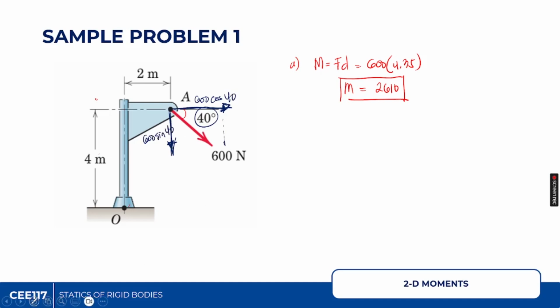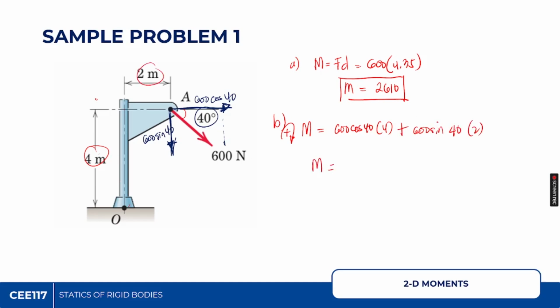This is the beauty of Varignon's theorem: to solve for the moment, we just sum the moments of each force component. Let's have this manner positive. First, 600 cosine 40, the horizontal component of the force, with a perpendicular distance of 4, plus 600 sine 40 with a perpendicular distance of 2.